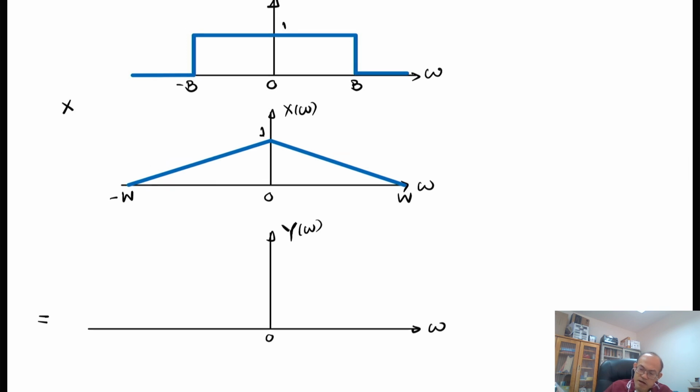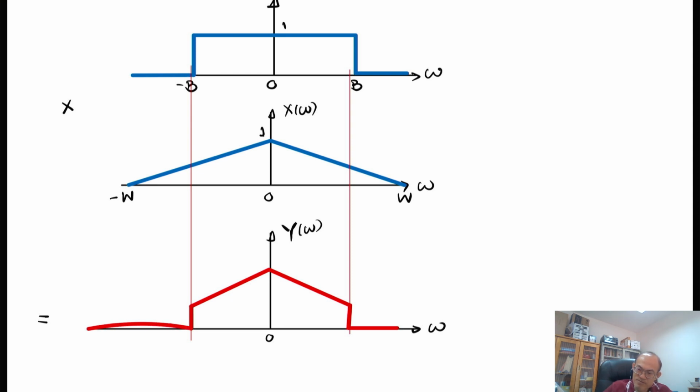And the spectrum of the output would be the spectrum of the input, but filtered out beyond B. So it looks like a house. This would be the spectrum of the output.